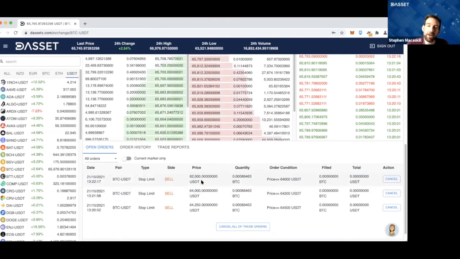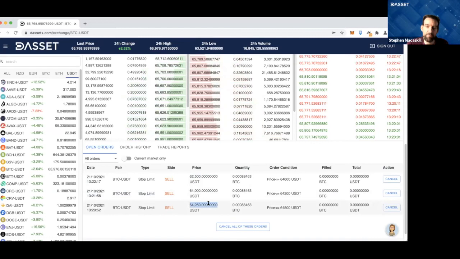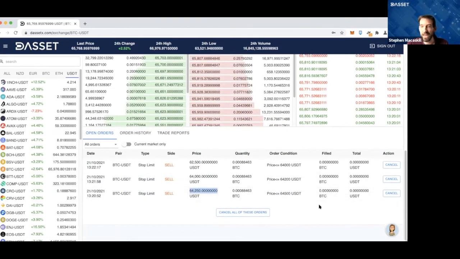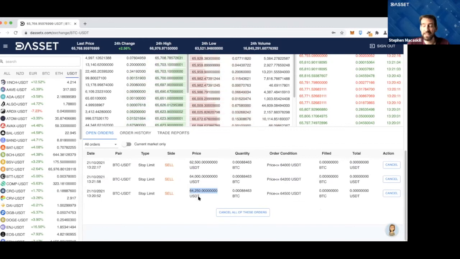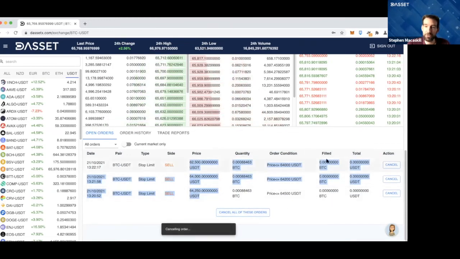So I'm almost guaranteed that in the worst case scenario, I'll sell at 62,500. Best case scenario, I'll sell at 64,250. This is a way to stop my losses, or even hedge my gains. If I'm already up, I'm guaranteed to sell at this price if it drops that amount.